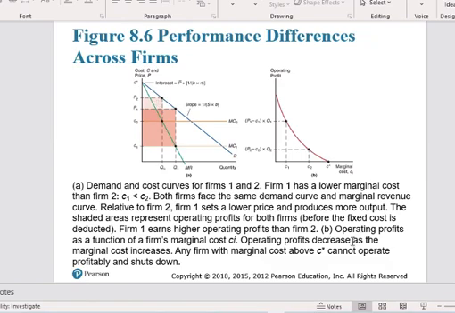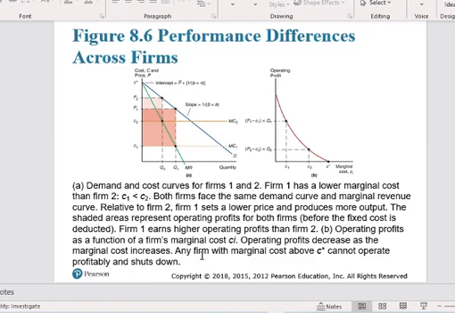And operating profit as a function of the firm's marginal cost, we show it here. If you have a lower marginal cost, you have a higher operating profit. So it's the same implication, right? You just move the same scenario from the firm panel to here. If you have a higher marginal cost, you have a lower operating profit.